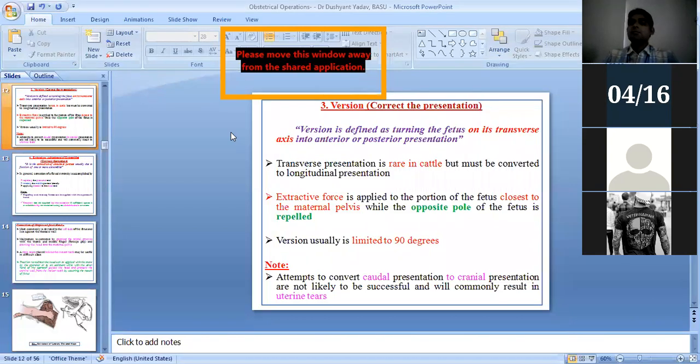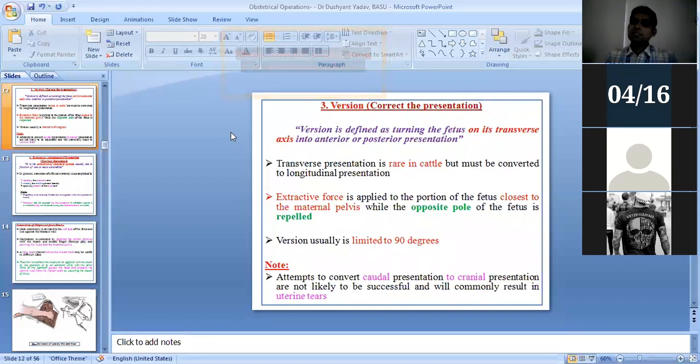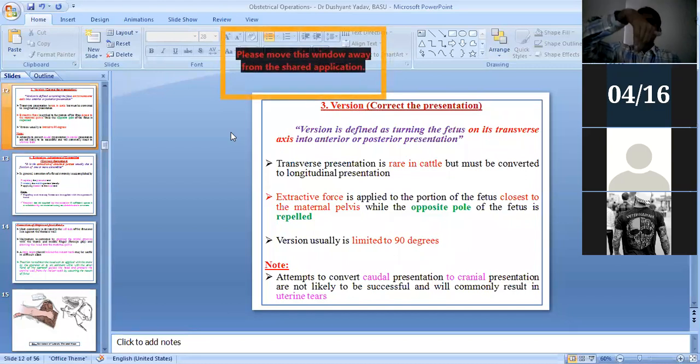If the hip portion is deviated towards the ilium, the sacrum, or the pubis, then it is called abnormal presentation. Or if the head is rotated, facing the ilium, pubis, or sacrum, then it is called abnormal presentation. So it should be corrected.